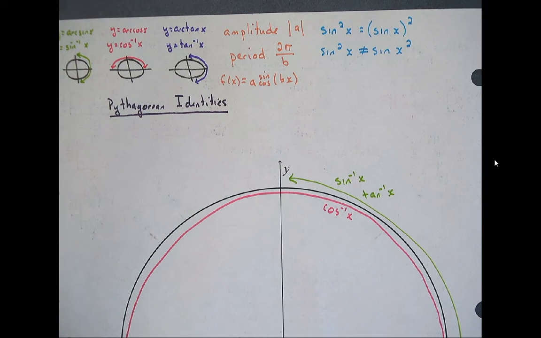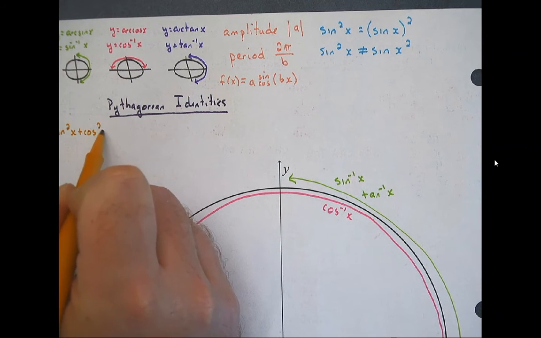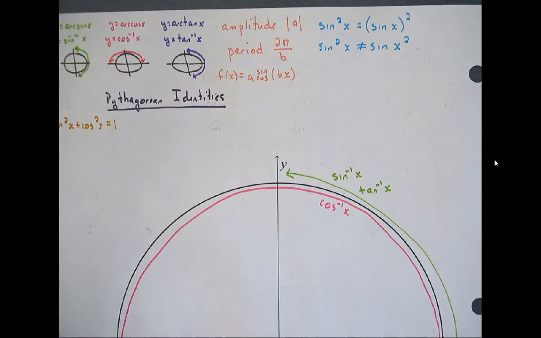All right, the first most famous Pythagorean identity is sine squared plus cosine squared equals 1. Okay, why does this work?